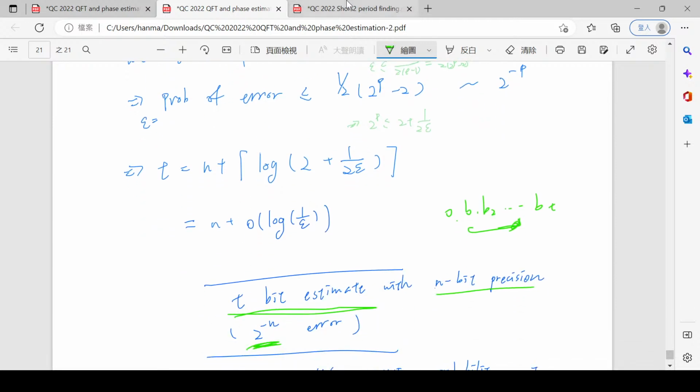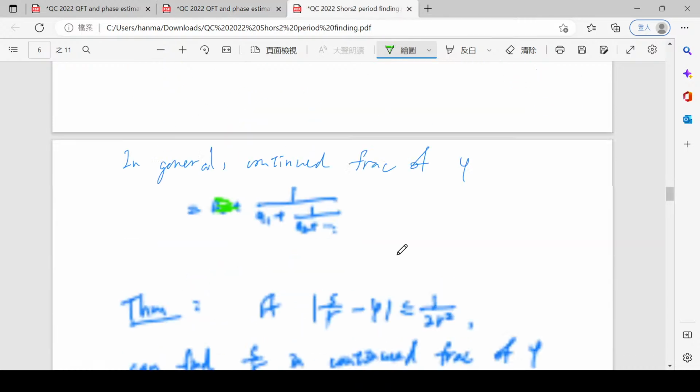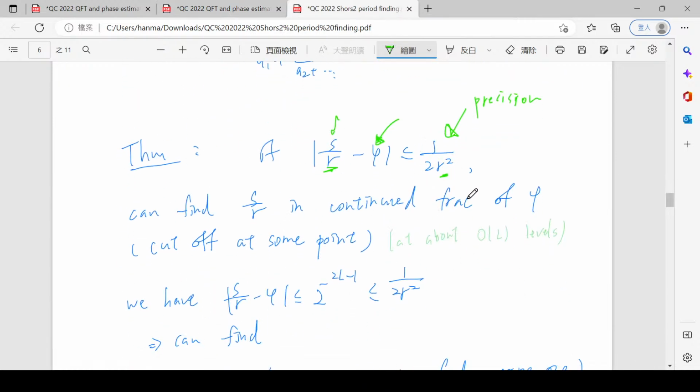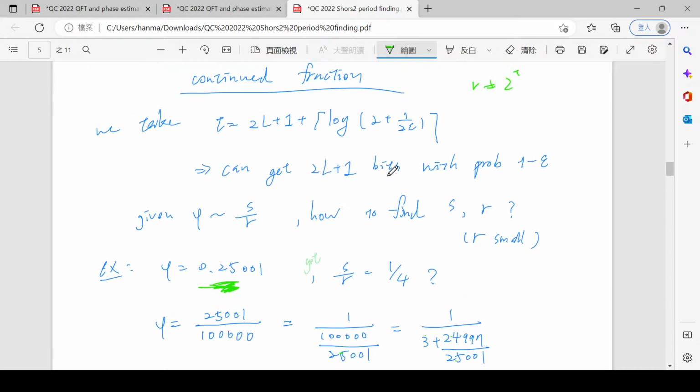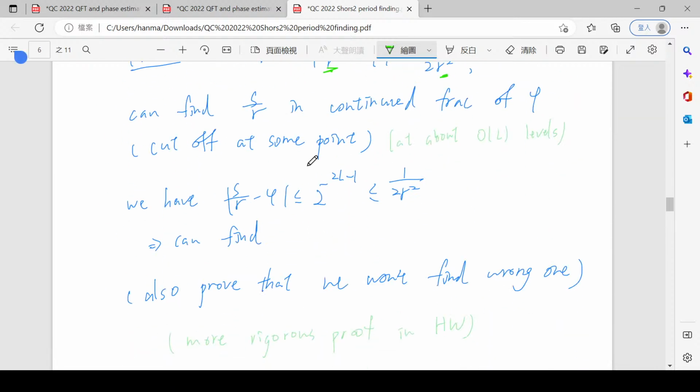So we want our 2 to the minus n to be smaller than this 1 over 2r squared, and our n is set as this 12 plus 1. Okay, and now you can see that we picked our number correctly. So our 2 to the minus n, which is 2 to the minus 12 plus 1, is smaller than or equal to 1 over 2r squared.